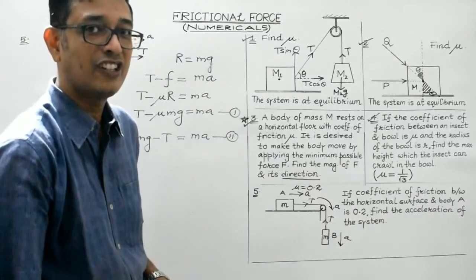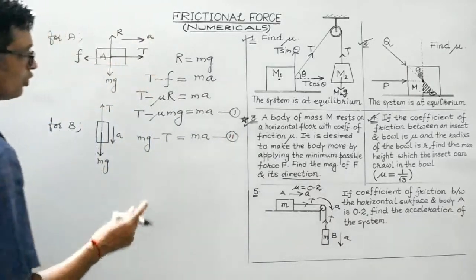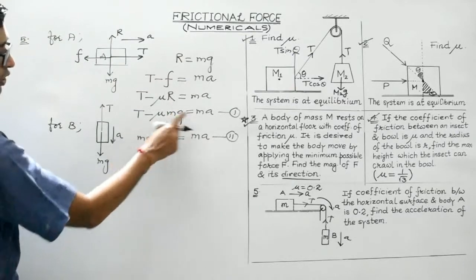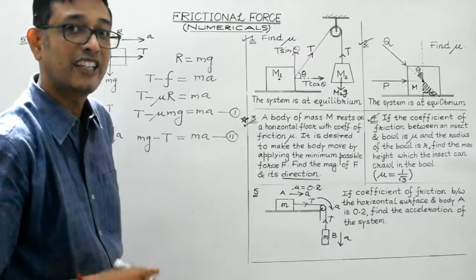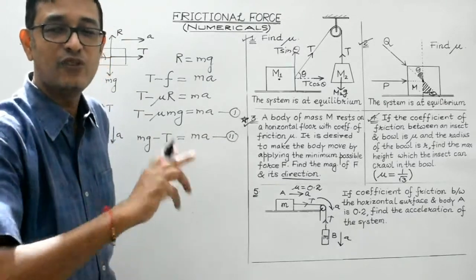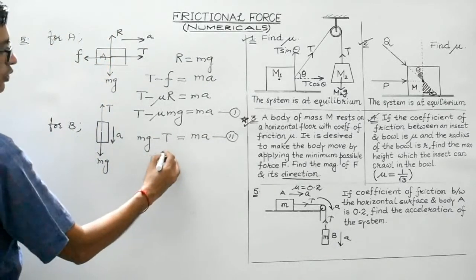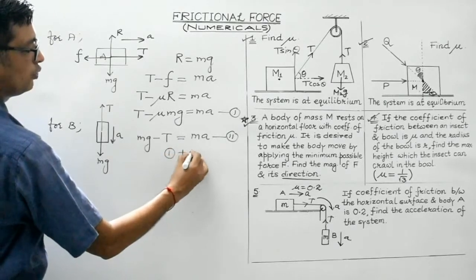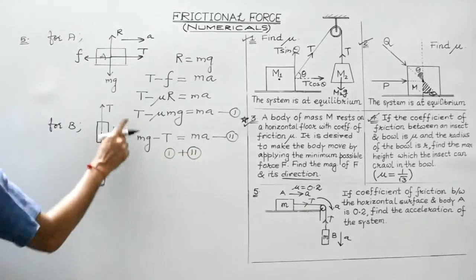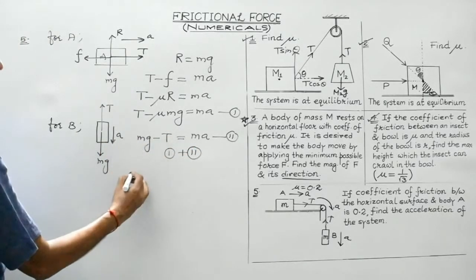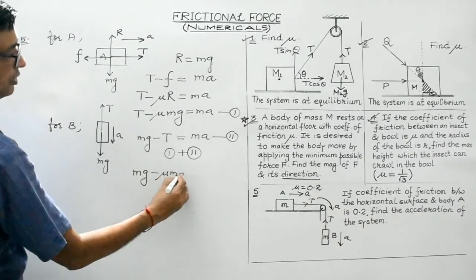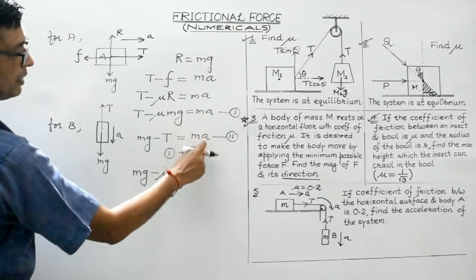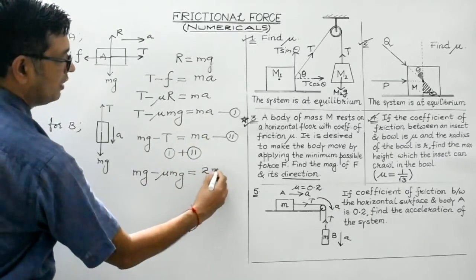So tension is to be eliminated. So consider these two equations. Equation 1 contains the term T, equation 2 contains the term minus T. So the tension can be eliminated by adding equations 1 and 2, right? So adding these two equations, T minus T gets cancelled. Over here it's mg minus mu mg, which is equal to ma plus ma, that will give us 2ma.